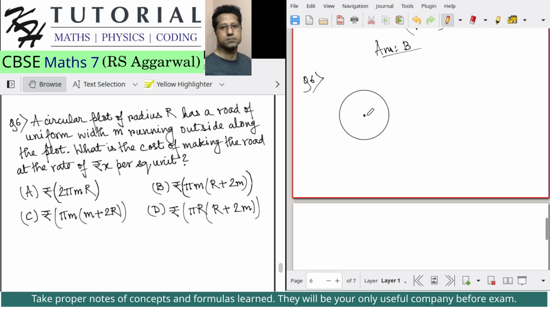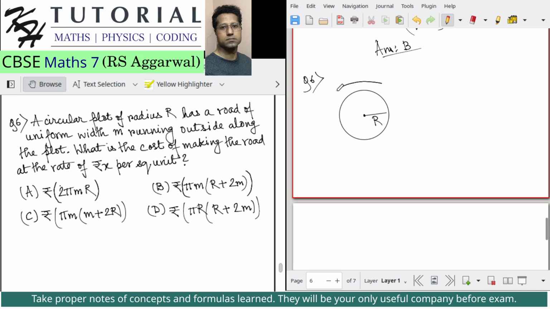This has the radius capital R, and this circular plot has a road of uniform width m running outside along the plot. That means the path will also be circular, outside this circular plot of radius capital R, and of uniform width small m.